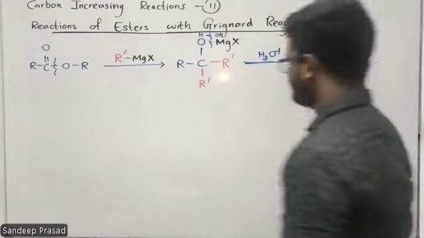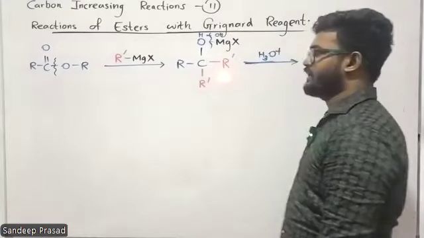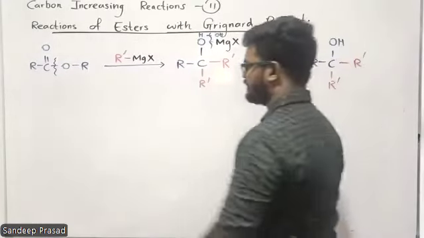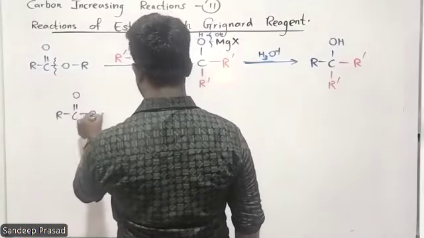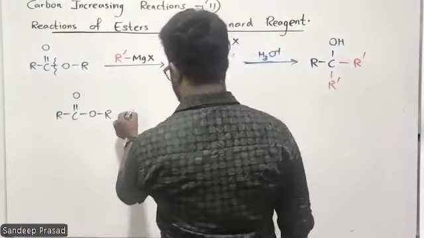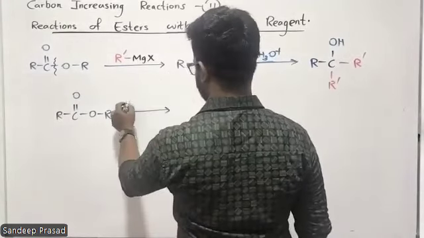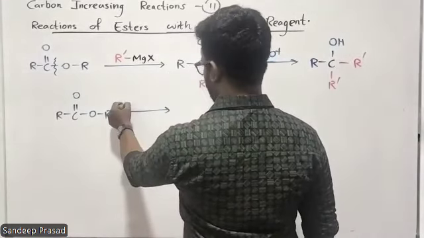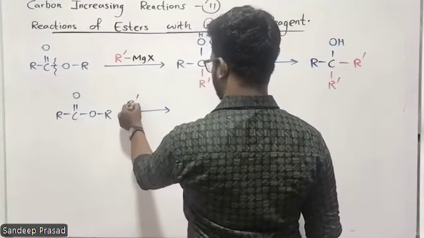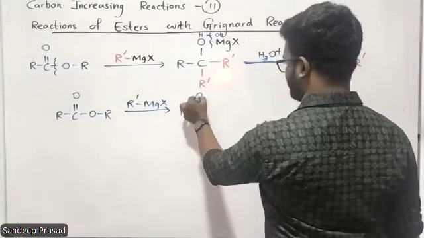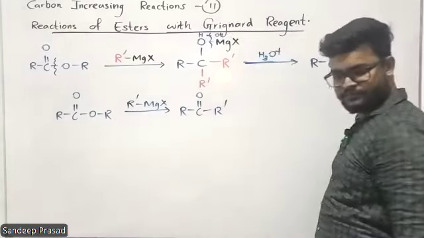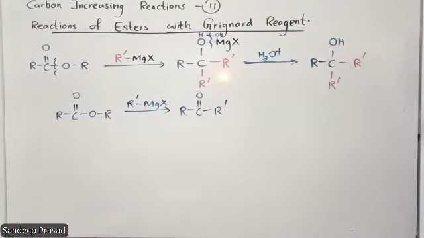Remember, students, why are these two alkyl groups connecting in this way? The reason is these esters are first converted not directly into this kind of alcohol. What will happen is this is converted into a ketone like this, RC double bond R'.